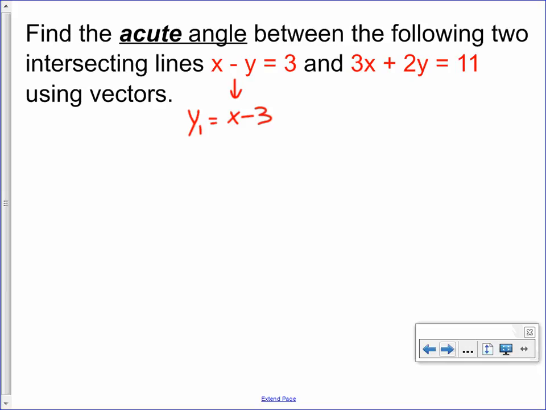And doing quick math in your head, plus 11 over 2. True? Okay. So, y1 has the vector equation.